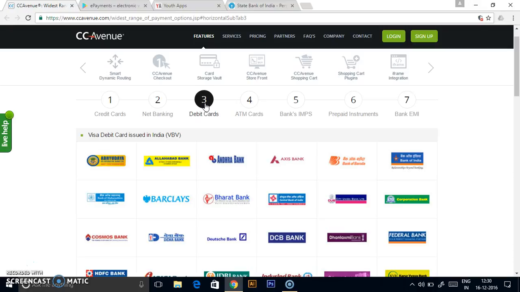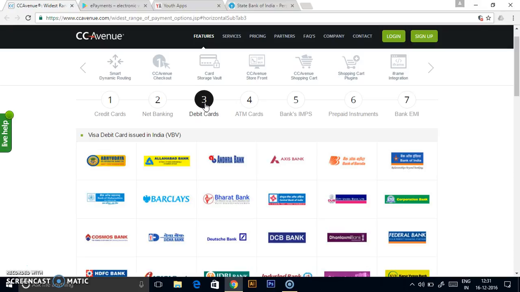Number one, a debit card has a 16-digit number, which is unique. Number two, it has a CVV number at the back, which is specifically for your card. Number three, it has an expiry date, the date on which the card expires. These are the three numbers that are useful for you.